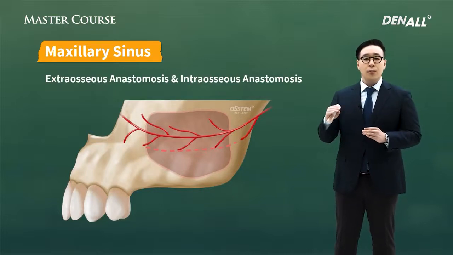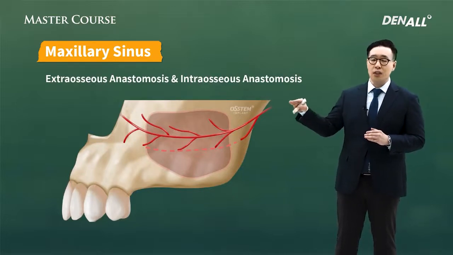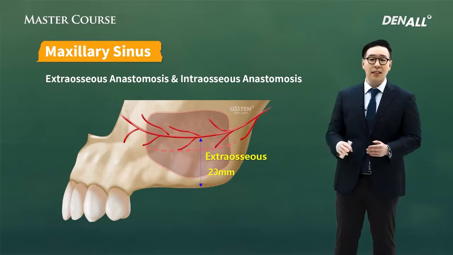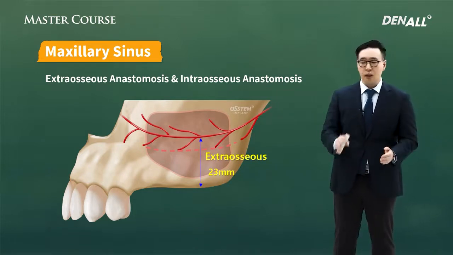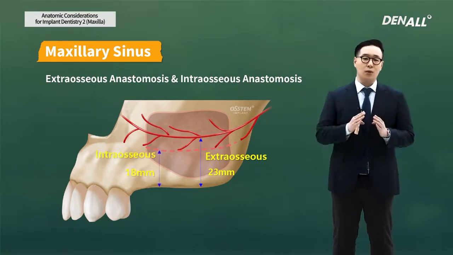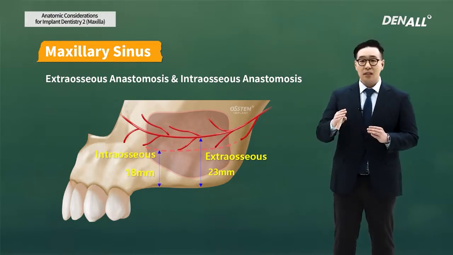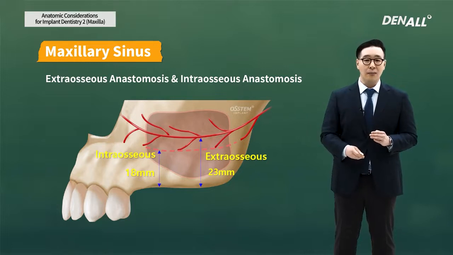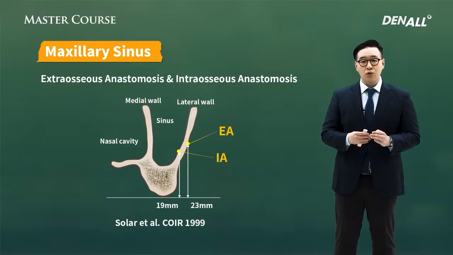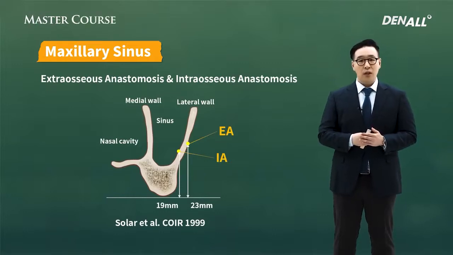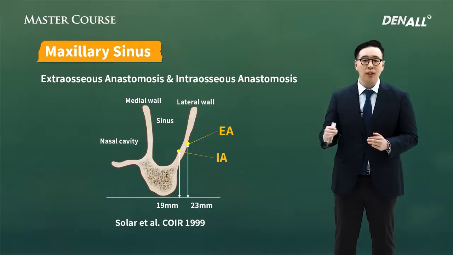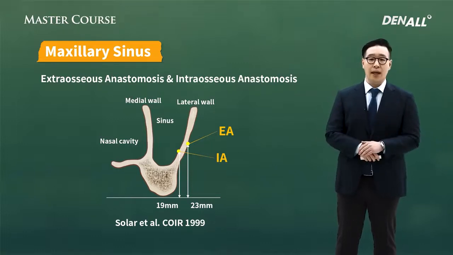The location is observed on the bone surface on the posterior side to the extraosseous. The distance is 23 millimeters. And from the bone's surface to the intraosseous anastomosis, according to reports, it's 18 millimeters. But after extraction, the bone is restored, changing the bone height, so the number becomes less credible.